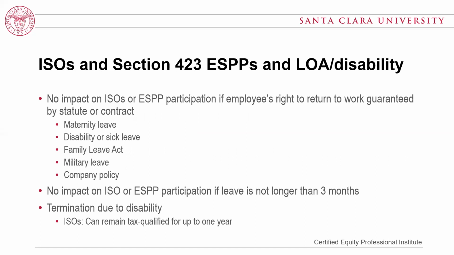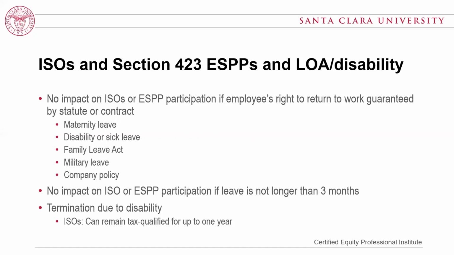And how do leaves of absence or terminations due to disability affect tax-qualified grants? In the case of a leave of absence, the regulations provide that the employment relationship will terminate for purposes of the option after 3 months of leave, unless the individual has a right to continued employment with the company under either contract or statute, such as the Family and Medical Leave Act or Uniformed Services Employment and Reemployment Rights Act of 1994.